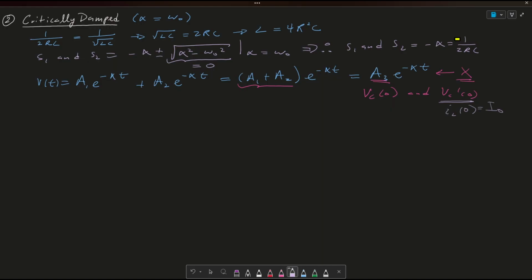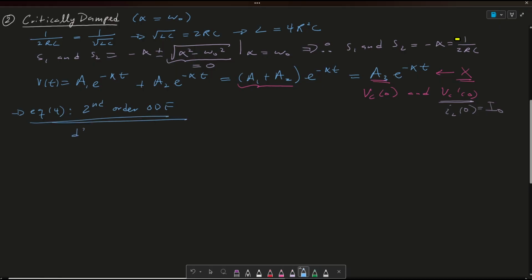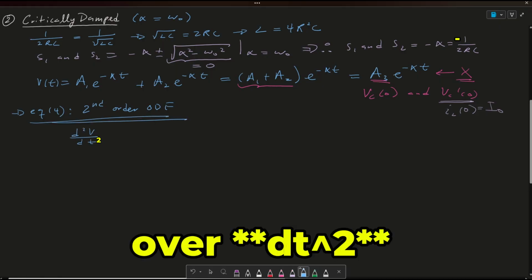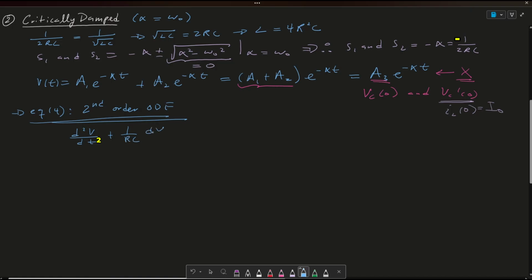In order to find out what we did wrong, we need to go back to equation number 4, which I'll write again. This was a second order ODE, which said that d squared V over dt squared plus 1 over RC dV over dt plus 1 over LC V is equated to 0.